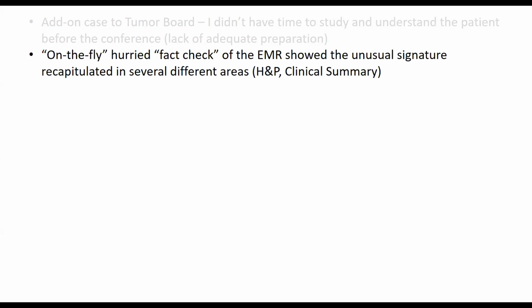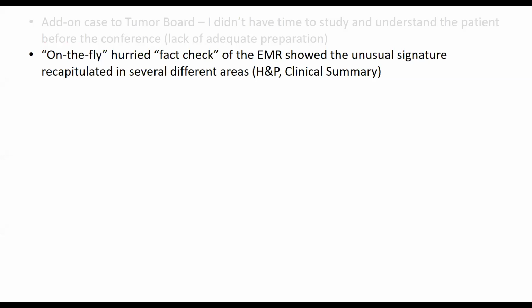All right. Secondly, I did an on-the-fly hurried fact check of the electronic medical record while the conference was running. Once I noticed that signature, it showed in the EMR that this unusual signature, A132G, was recapitulated in several different areas of the EMR.